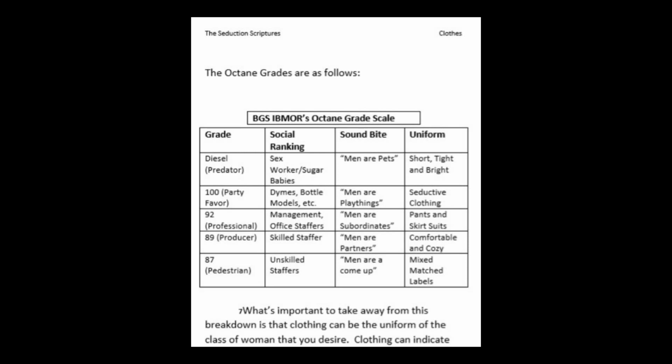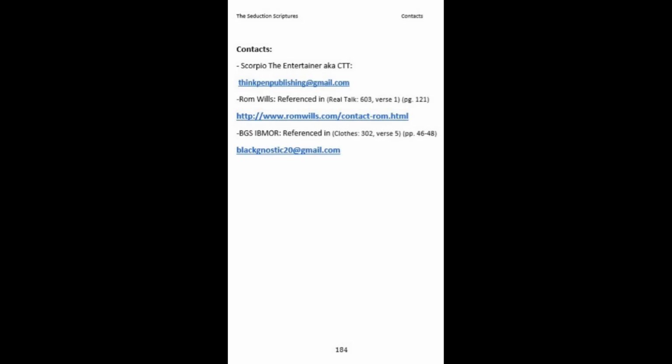And so when compiling the information for the section of my book that includes BGS IBMOR's Octane Grade scale, I wanted to do a couple things. The first thing was correspond with BGS to make sure that the representation I was going to provide of his scale was sufficient enough to publish.